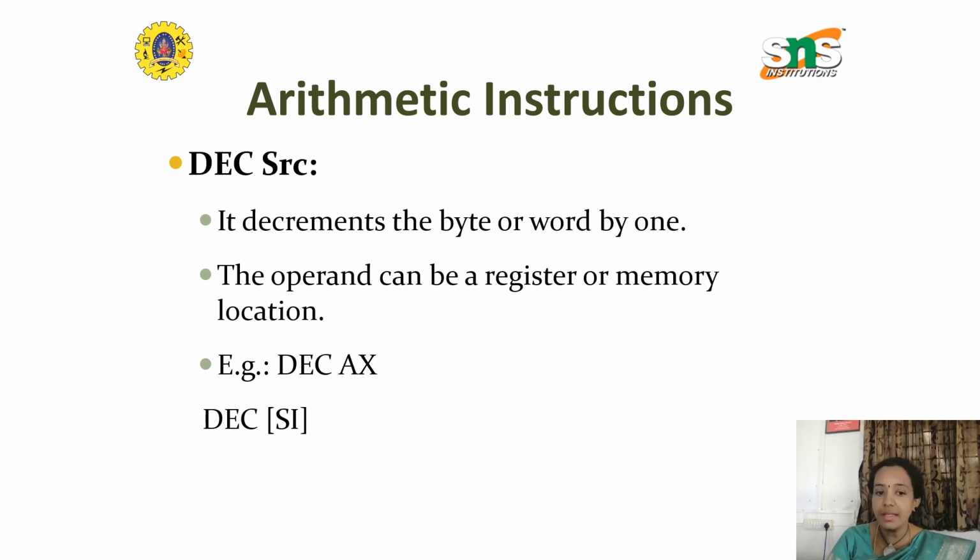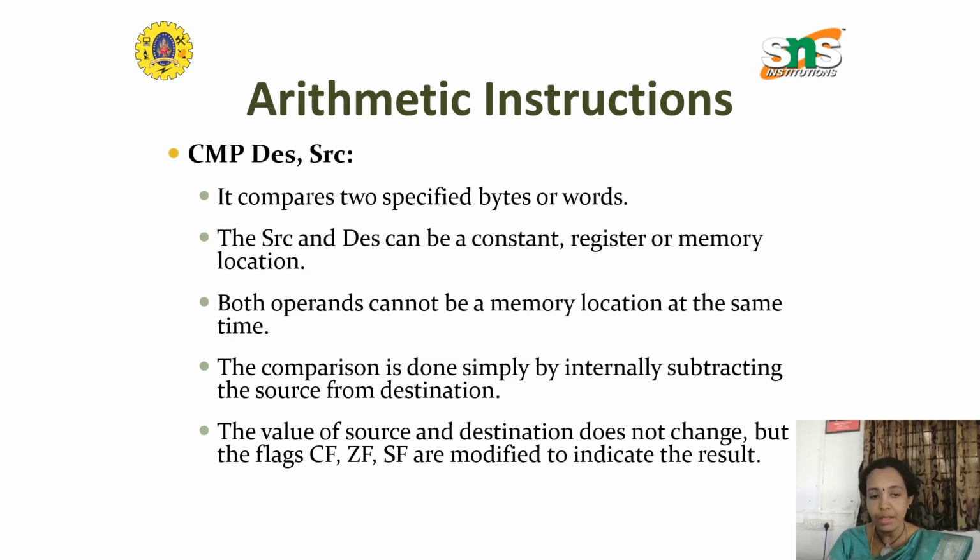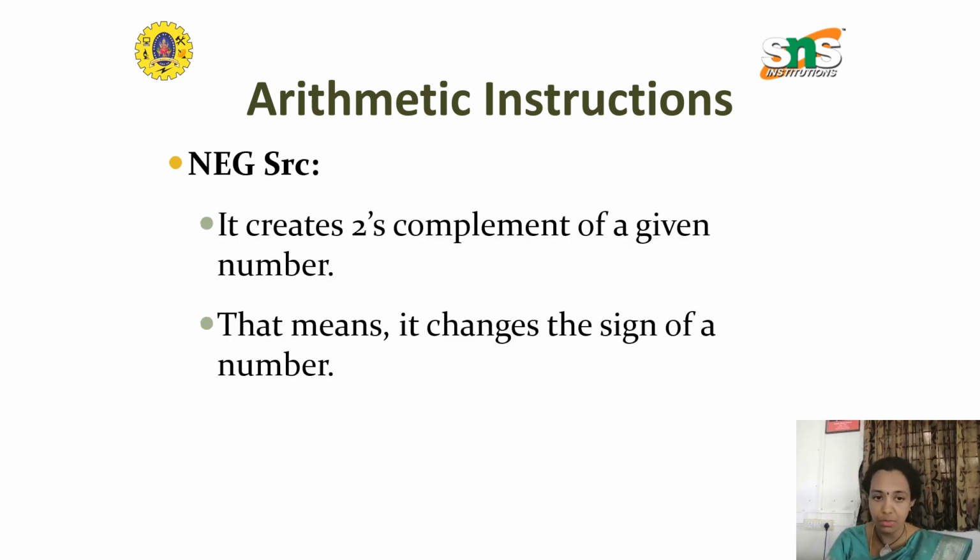Decrement, DEC, decreases the content of AX and of SI. CMP is comparing two data with one another. One data in the AX register and another in the BX register can be compared and the output produced. That is the main work of the CMP instruction.